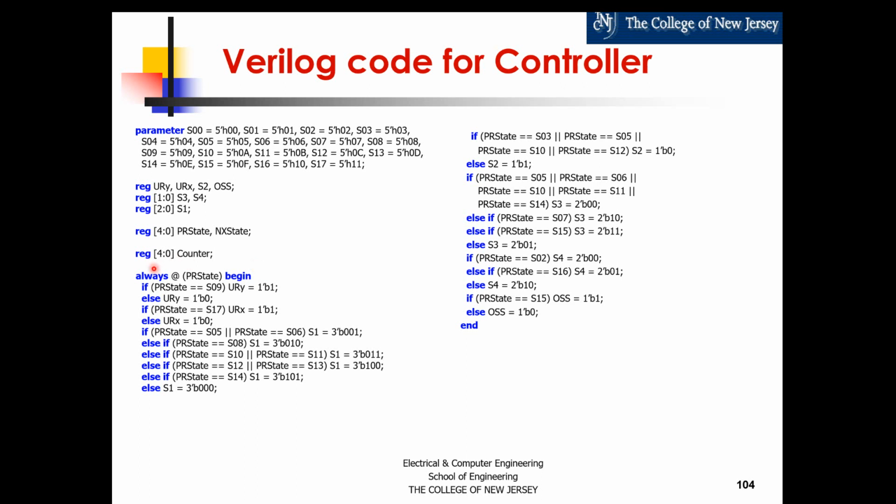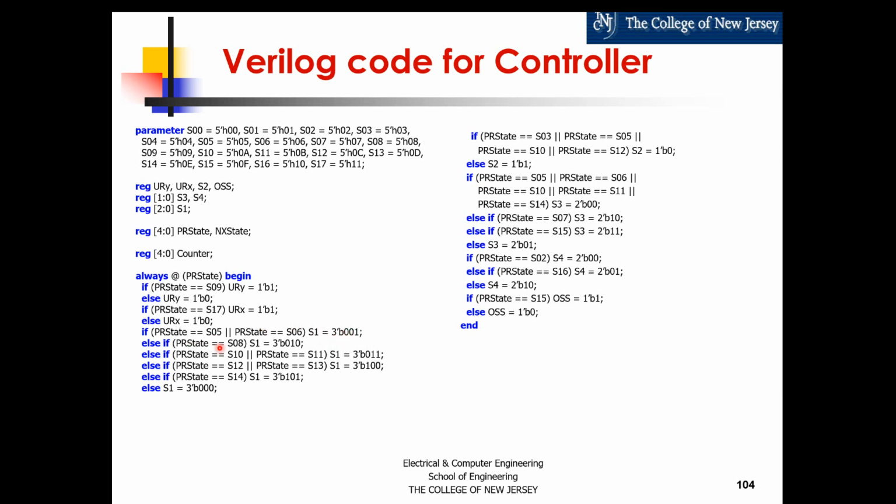So if the state is 9, that's when I update the Y registers. If the state is 17, that's when I update the X registers. If the state is 5 or 6, that's when the S1 signal is 1.